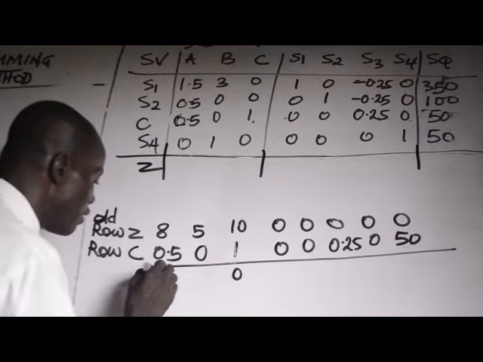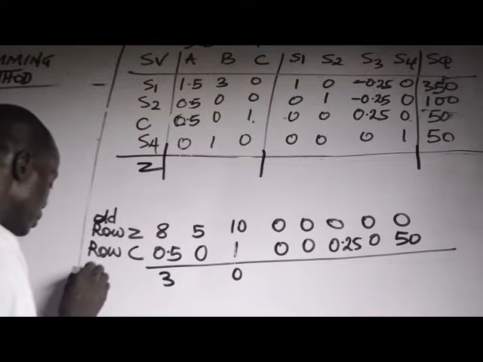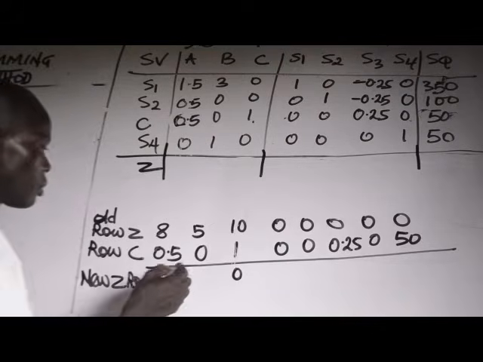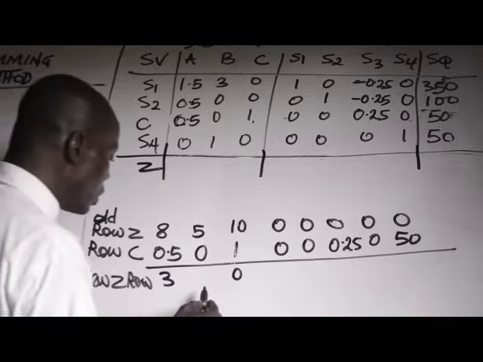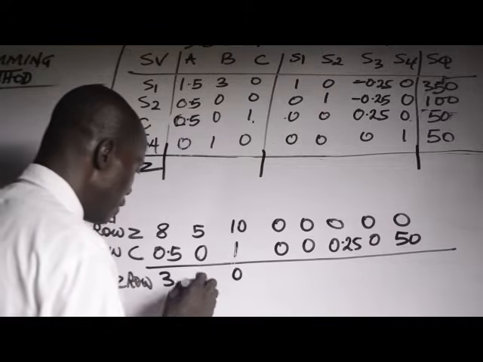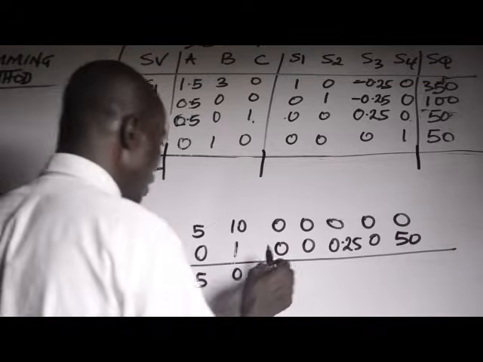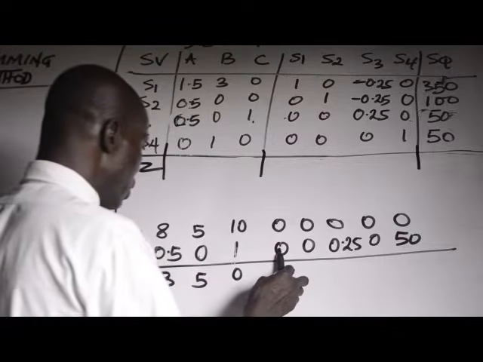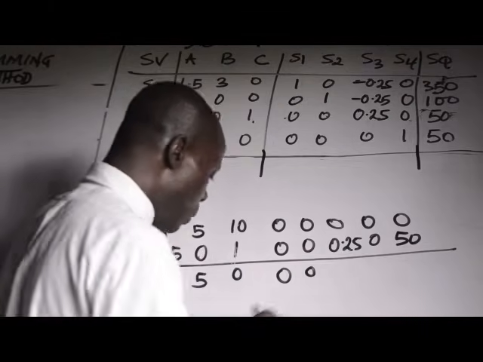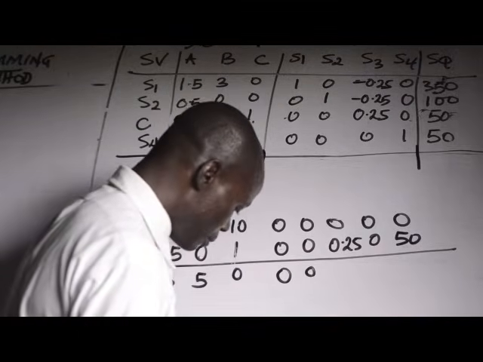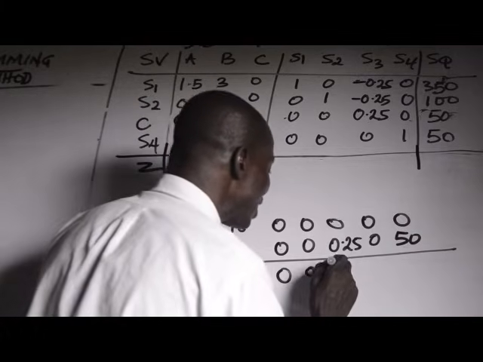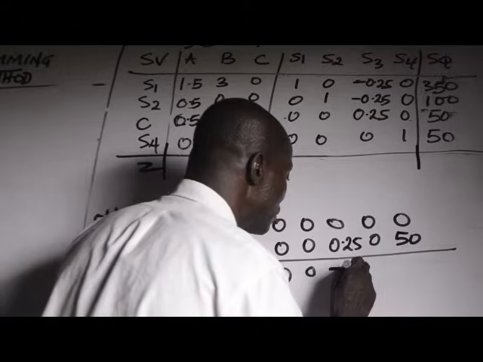8 minus 5, we have 3. That is new Z row. 10 times 0 is 0. 5 minus 0 will be 5. 10 times 0 is 0. 0 minus 0 is 0. 0.25 times 10 gives us 2.5. 0 minus 2.5 gives us minus 2.5.